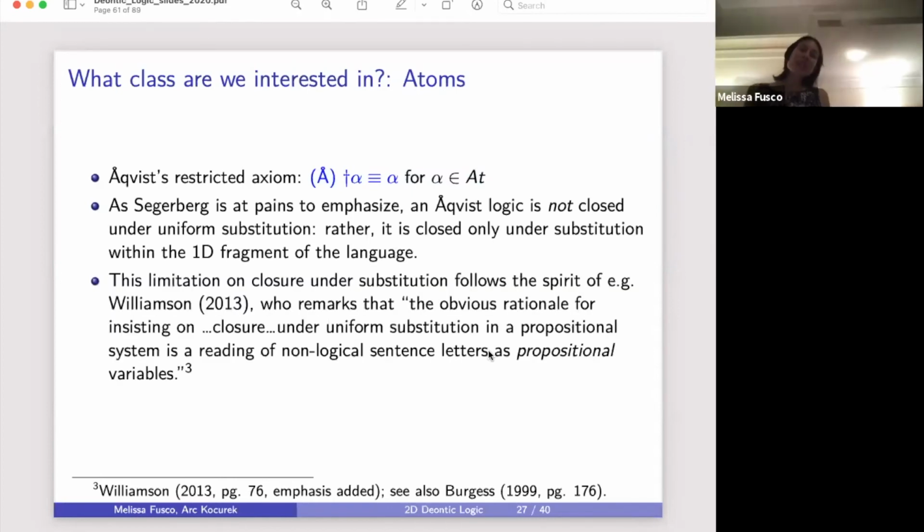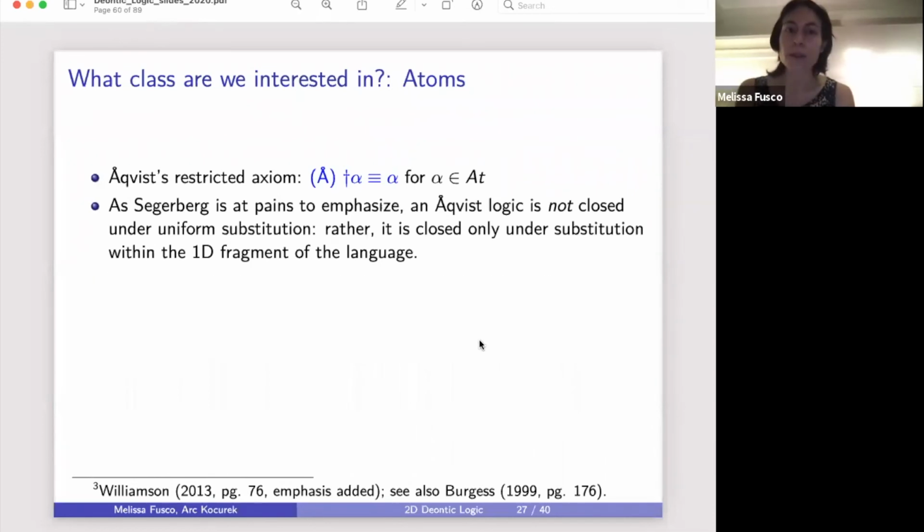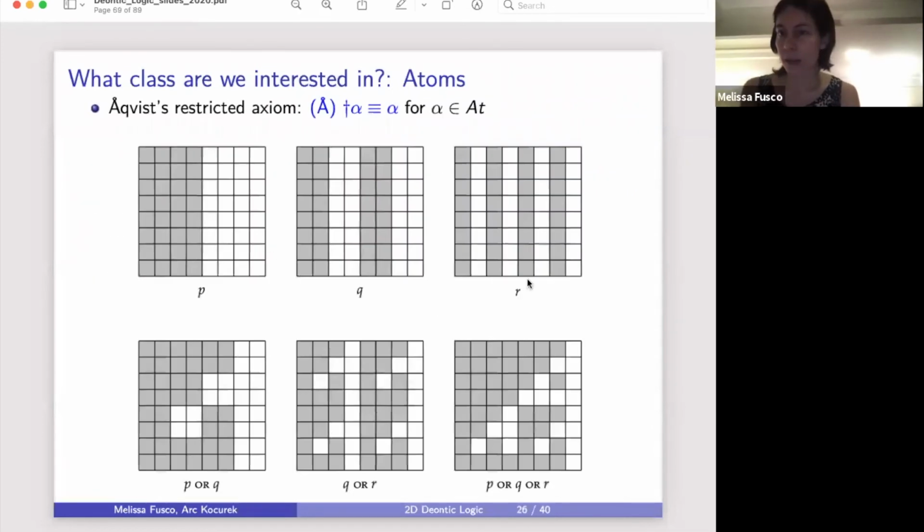So this limitation for closure under substitution follows the spirit of several people. I found it in Williamson, for example. He says the obvious rationale for insisting on closure under uniform substitution in a propositional system is reading the non-logical sentence letters as propositional variables, as variables that range over propositions. But again, propositions are these special guys for us.